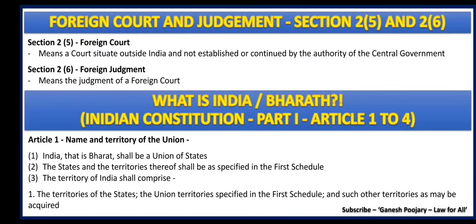If you refer the first schedule, you will see the name of all the states of India and union territories and such other territories as may be acquired. So India is not limited. Over a period of time, if we are acquiring anything, that will also become the part in the first schedule and that becomes part of India. That is what we need to answer if someone asks you what is India.